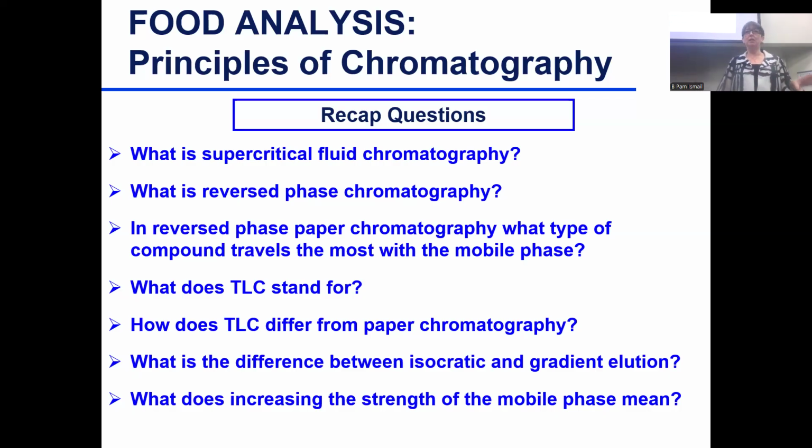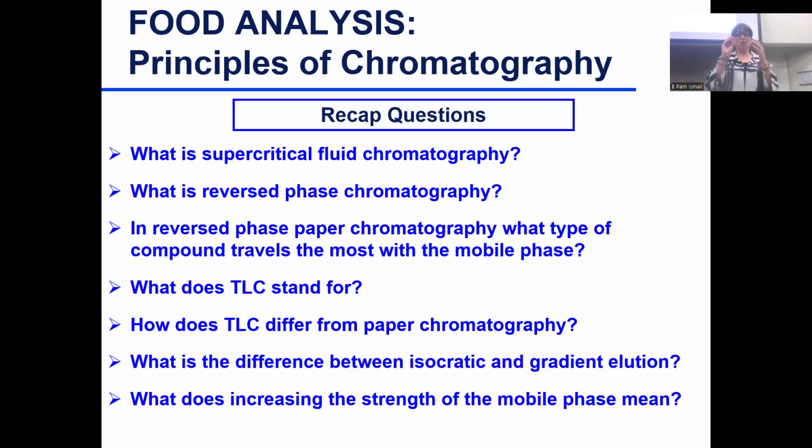Do you have any remembrance of that? Yes, Lukman. Better resolution, because the particles are fine particles, well distributed, in a very thin layer. We have better consistency and better reproducibility than the cellulose paper, which could have different thickness.